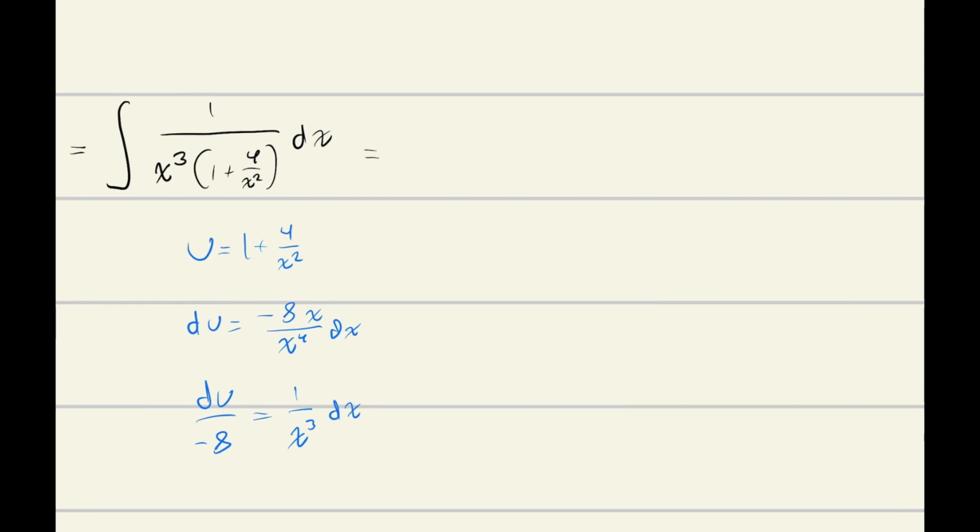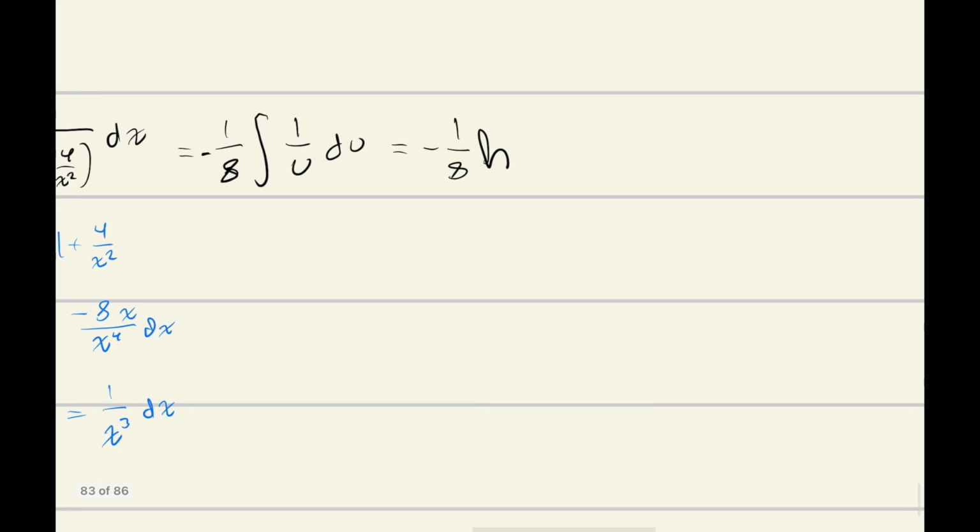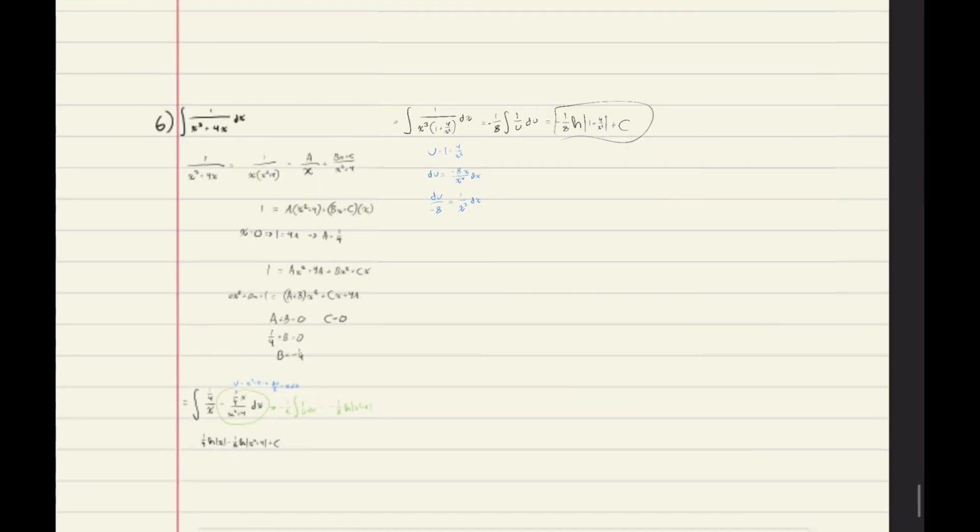So we'll bring out the negative 1/8, and we'd be left with the integral of 1 over u du, which is equal to negative 1/8 natural log of u. Substituting back in, we have negative 1/8 natural log of 1 plus 4 over x squared plus c. Those would be the final answers.